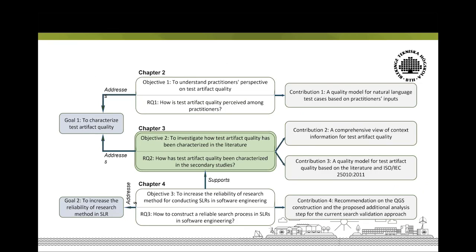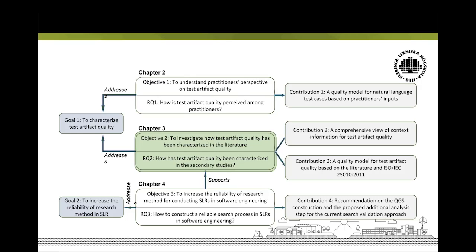The reason is that we found that there are actually a lot of secondary studies on the topic already, but of course there's no agreement so far on the quality models, or how to assess and define test quality among those secondary studies. These secondary studies can talk about specific parts of the context dimensions, for example, about exploratory testing for web application software.